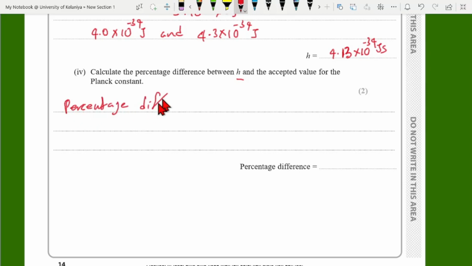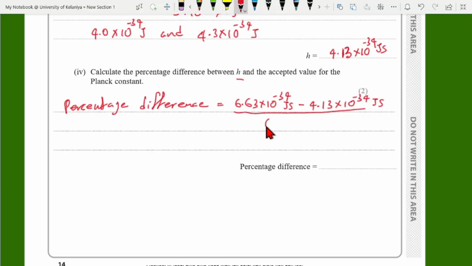Percentage difference is equal to 6.63 times 10 to the power minus 34 joule seconds, that is the exact value, minus the value we calculated, 4.13 times 10 to the power minus 34 joule seconds, and we need to divide it by the accepted value, 6.63 times 10 to the power minus 34 joule seconds.